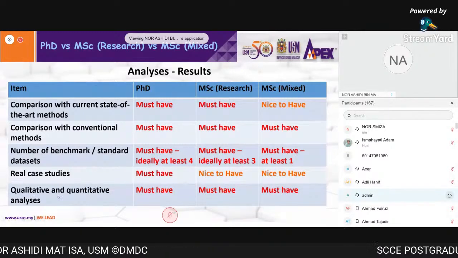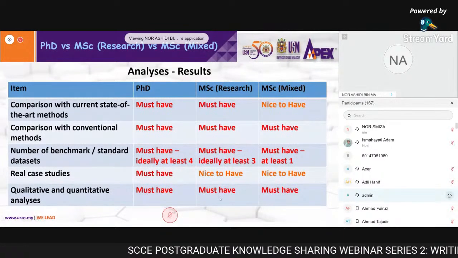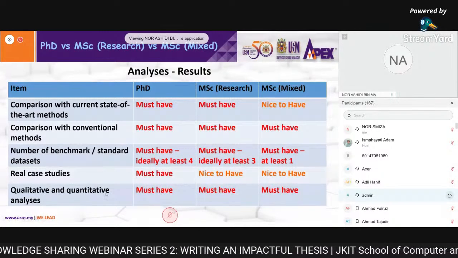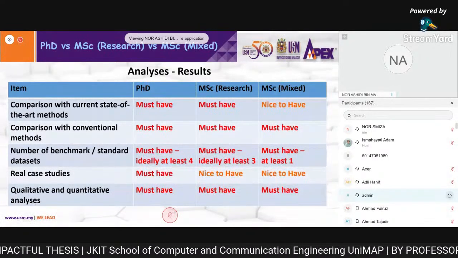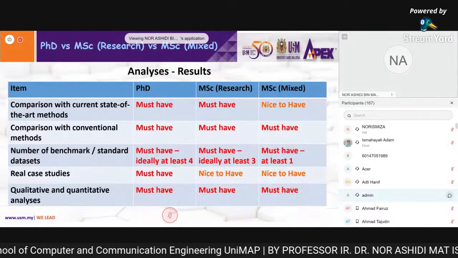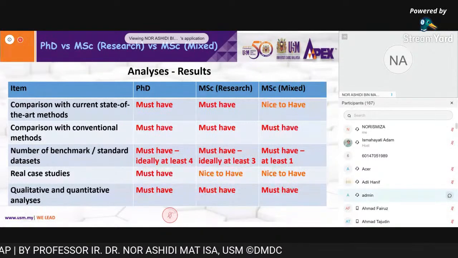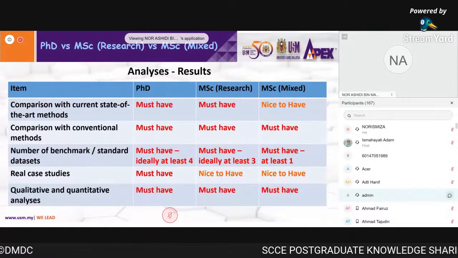And qualitative and quantitative analysis is a must have for PhD, MSc, and also MSc management. So this is very important. Why? Because in the methodology, you have proposed a new technique and supported your discussion of why you use, introduce or modify the technique with a theoretical discussion or reason.